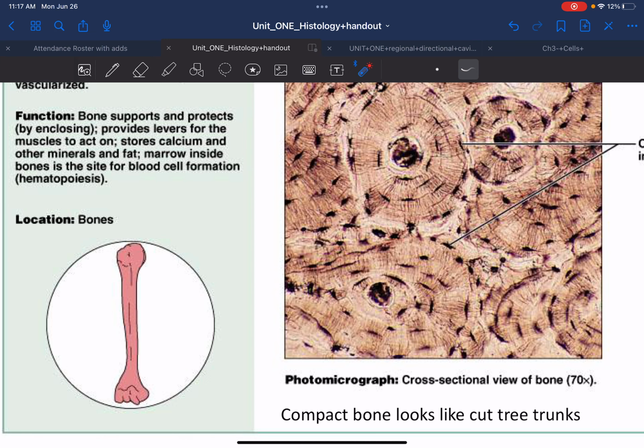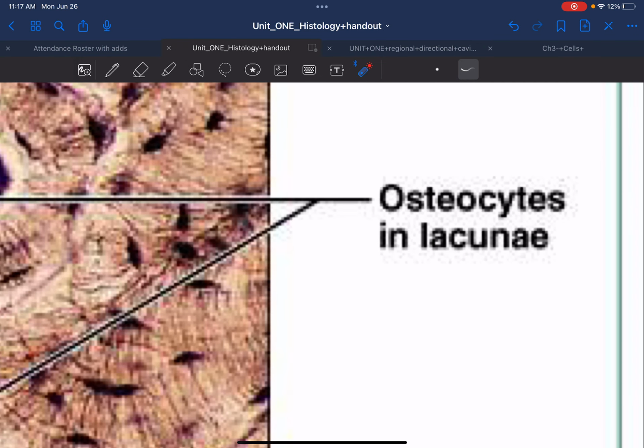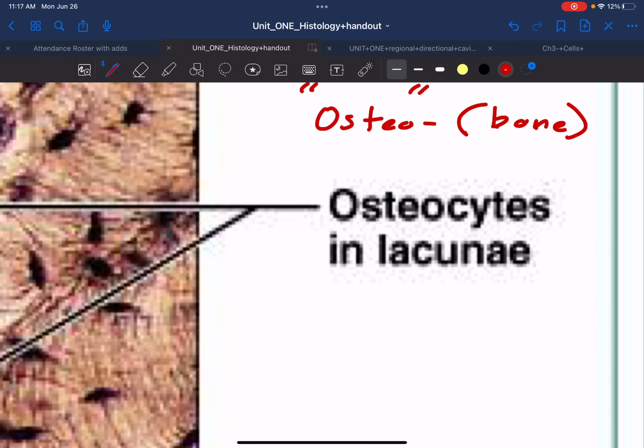Nice and easy. And the Latin root for the word is osteo. Osteo will always imply the bone in Latin. And so there's osteocytes, and there will be, in lecture next week after this first exam, osteoblasts.